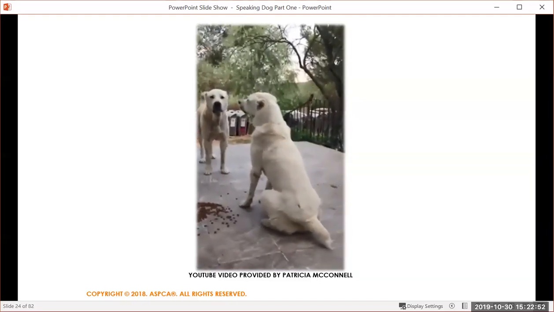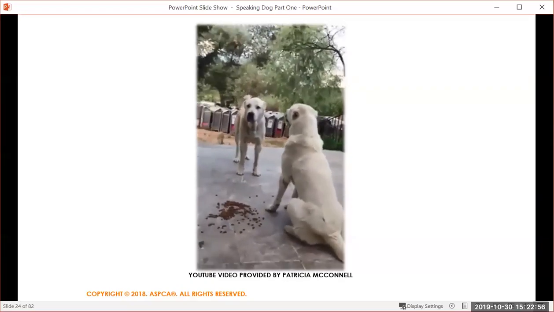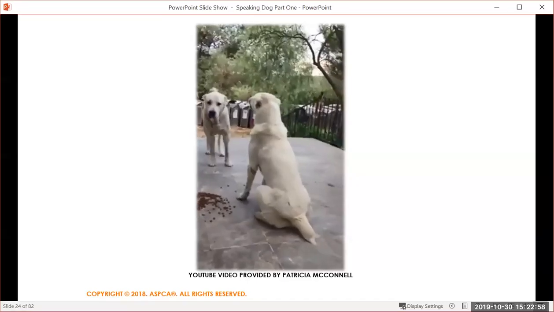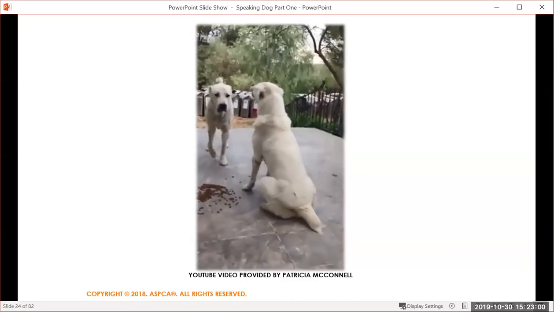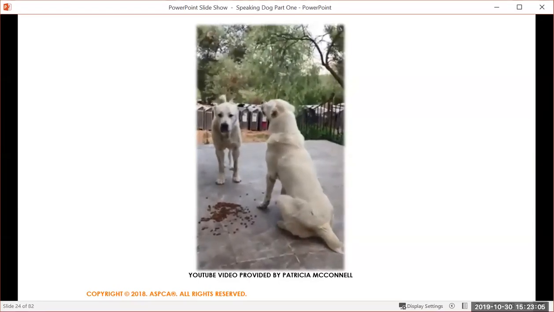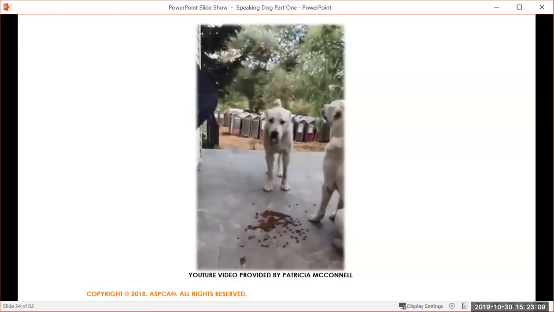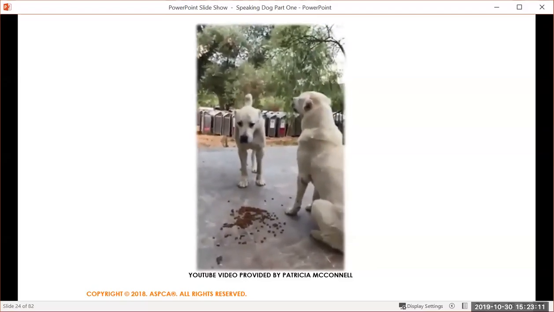That was the cue at which the dog on the left took the step forward. I don't know about your dogs, but mine are not usually this brilliant at communication.